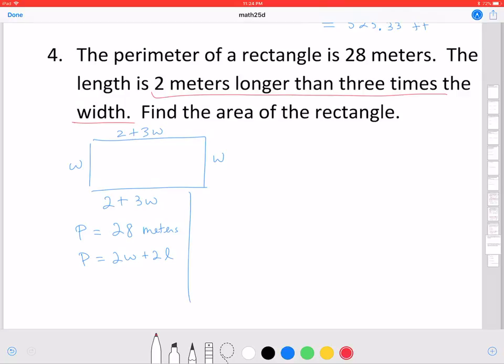So let's rewrite this in equation form. Plug it into 2w plus 2l. So P is 2w plus 2 times the length, which is 2 plus 3w, and all of that is supposed to equal 28.